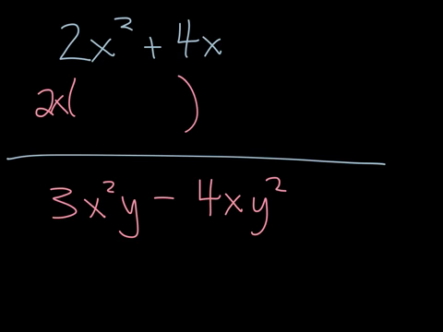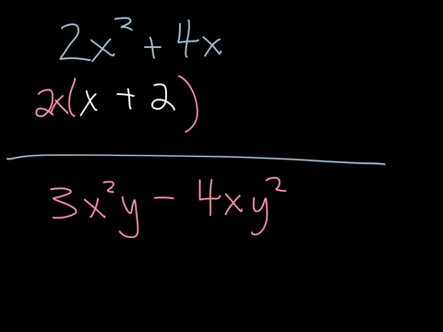So 2x times what gives us 2x squared? 2x times another x. And then 2x times what gives me the plus 4x? That's going to be plus 2.